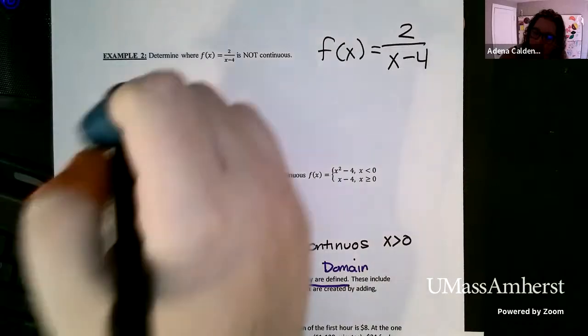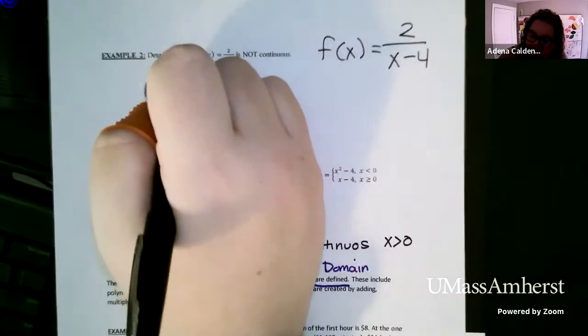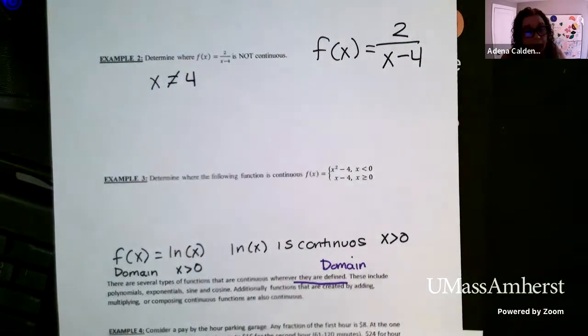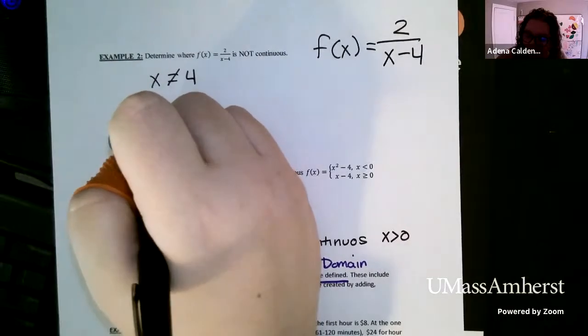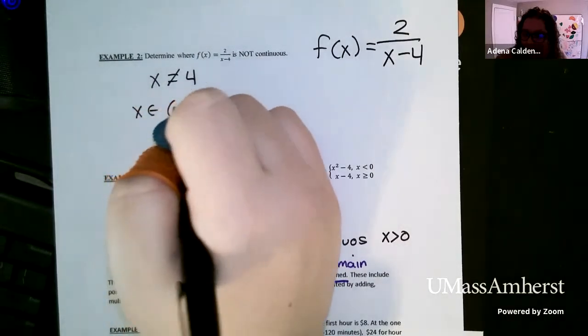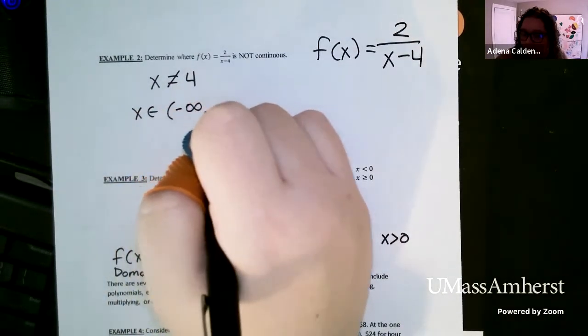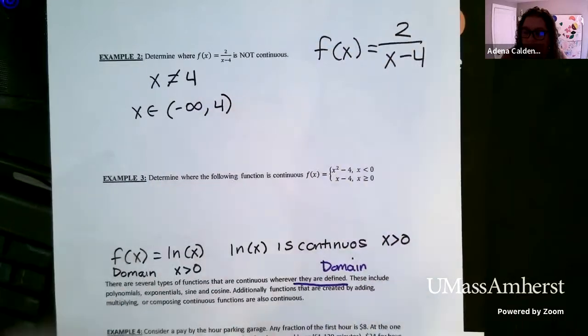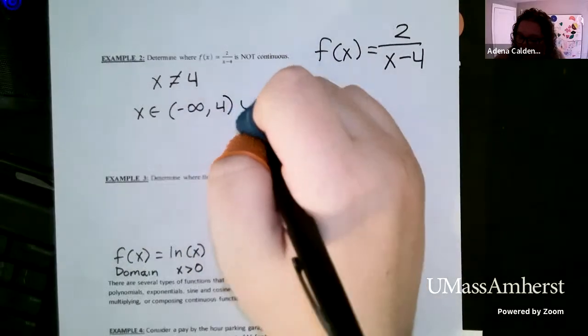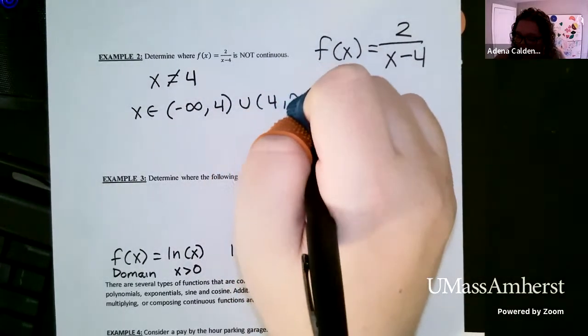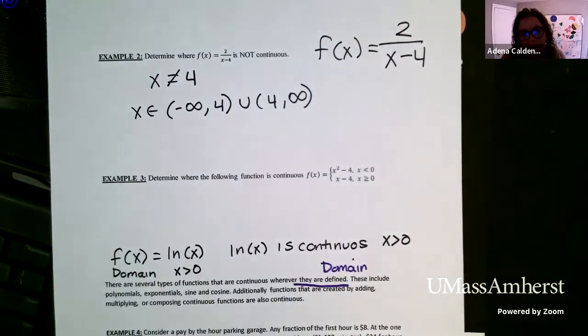So there's two different ways that we can state this. We can say x cannot equal 4. If you say that x cannot equal a value, the implication is that it could equal anything else, which is what we're trying to come across here. Or we can use interval notation like this. So x is an element of negative infinity to 4, open brackets, because we're not going to include 4, and 4 to infinity.